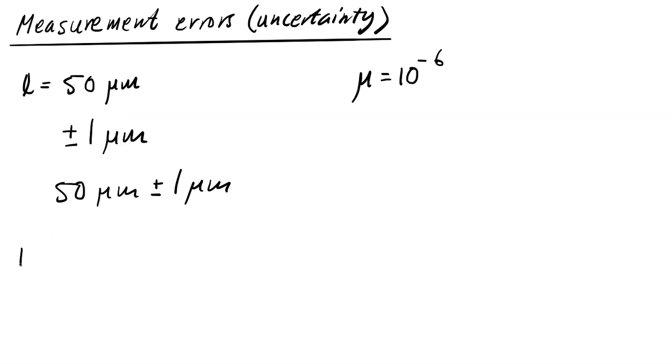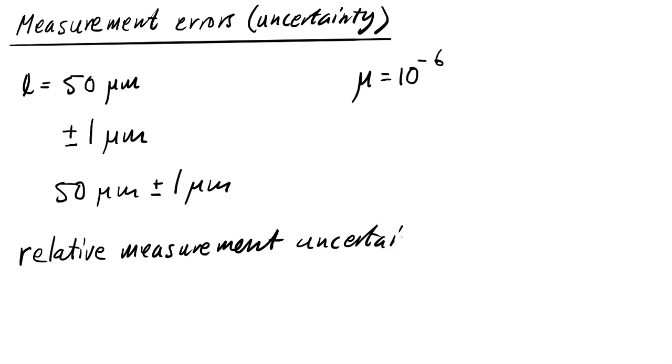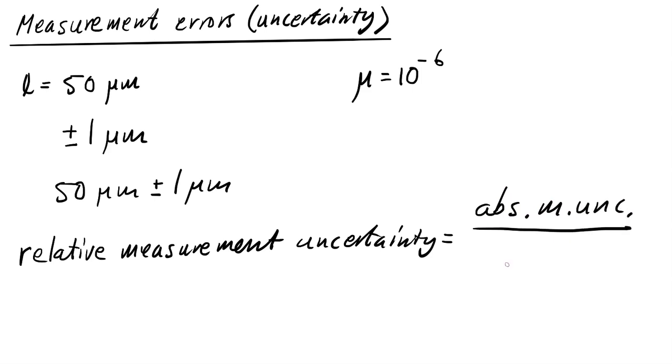What is the relative measurement uncertainty or error? That is, if you take the absolute measurement uncertainty and divide it by the measured value.